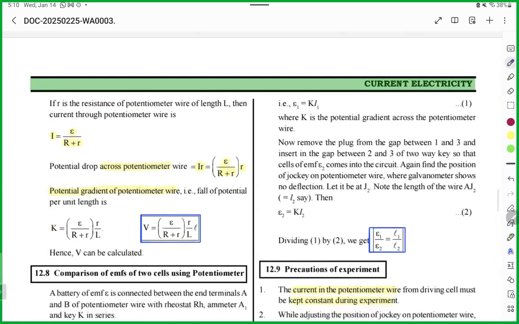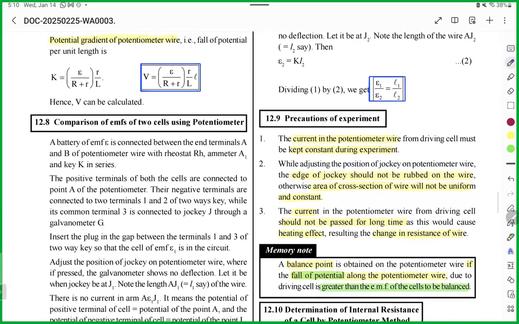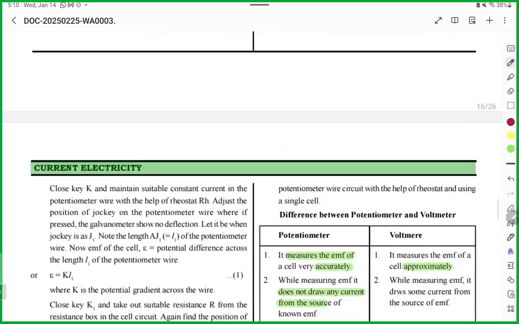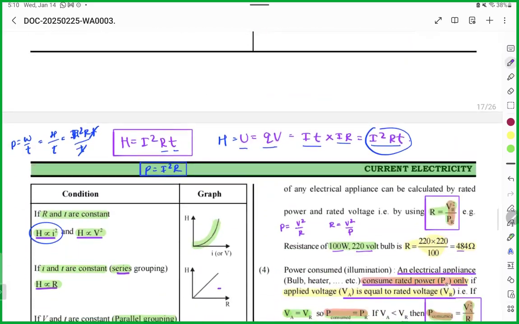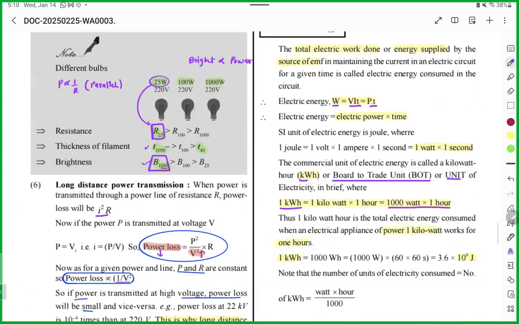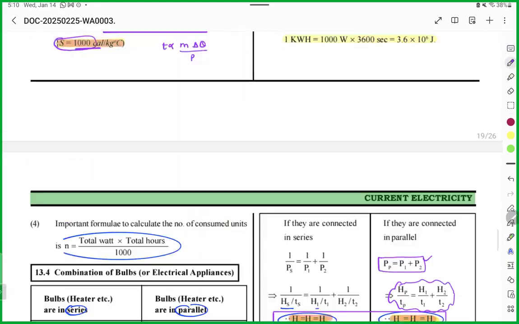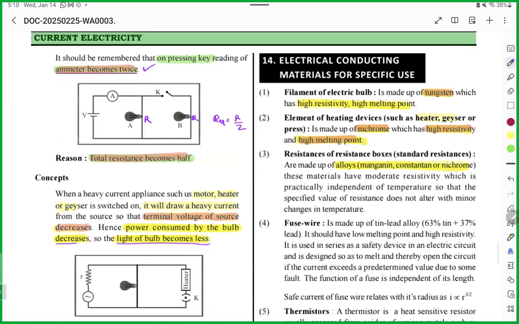I think this whole thing we did, potentiometer, we should do the same stuff: measure EMF more accurately, heating effect of current. You won't be able to bear the pain of this topic, right? Can you?